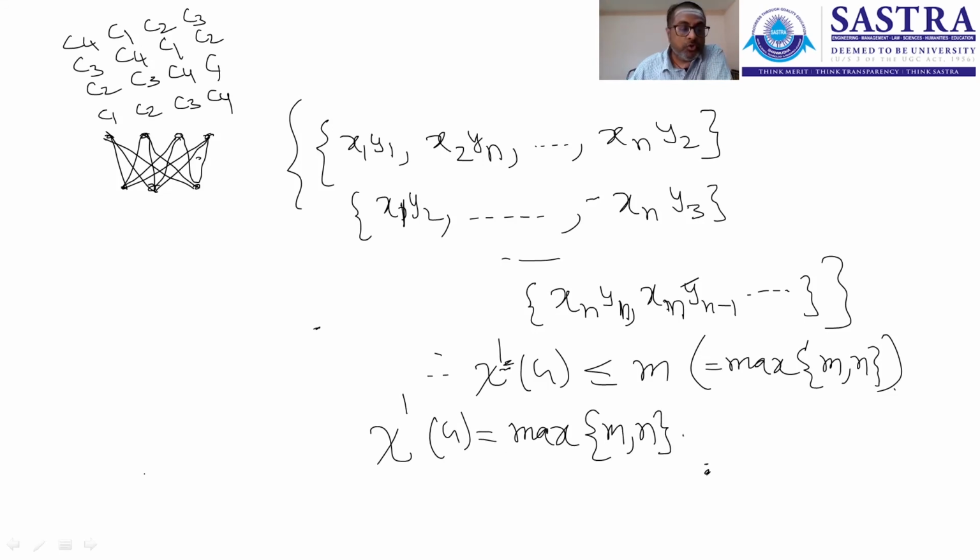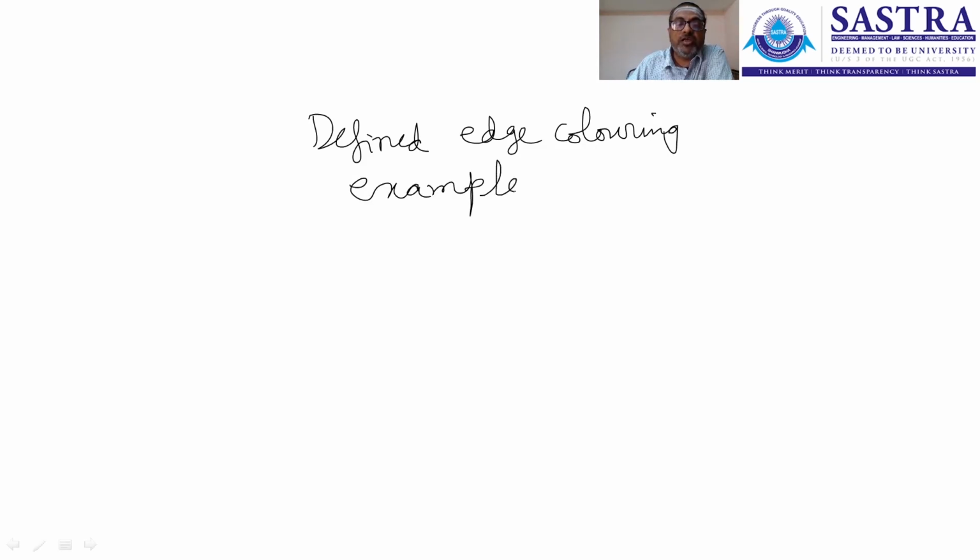Now what we have done in this lecture, you have to just remember: we had defined edge coloring. The second part is we had understood the concept of edge colorings using certain examples.